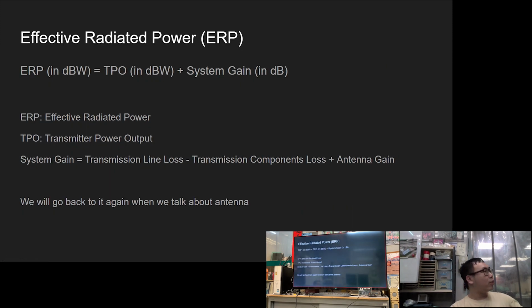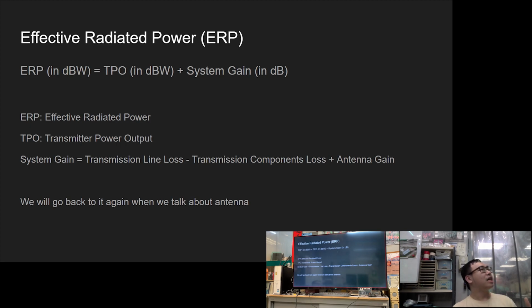ERP is the actual power you transmitted. You also have to take into account the gain on your system, which is your antenna or your amplifier. Sometimes when you emit signals like 5 dB watts, 7 dB watts, this is just your output.